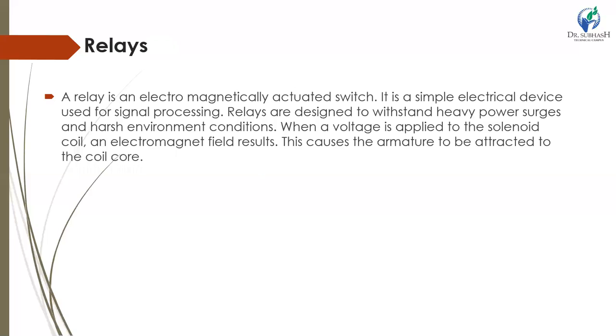When voltage is applied to the solenoid coil, the electromagnetic field causes the armature to be attracted to the coil core. The armature actuates the relay contacts, either closing or opening them depending on the design. A return spring returns the armature to its initial position when the current of the coil is interrupted, and a cross-section view can be given in the diagram.